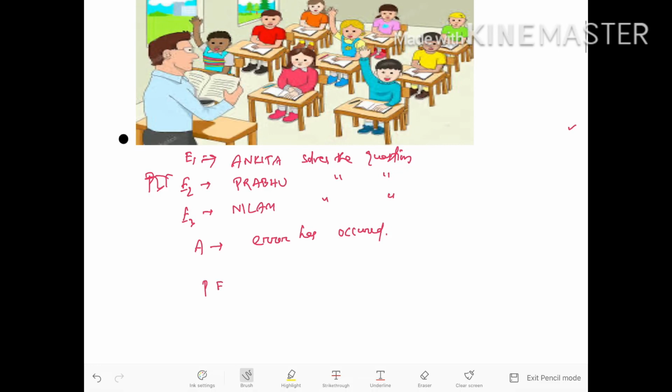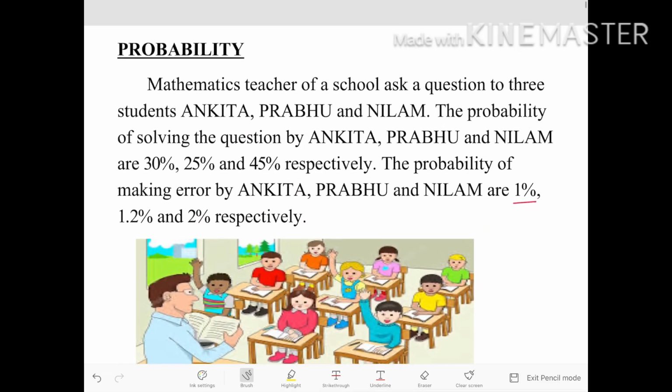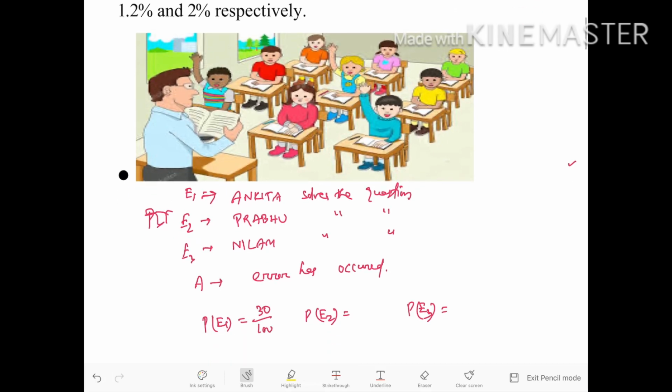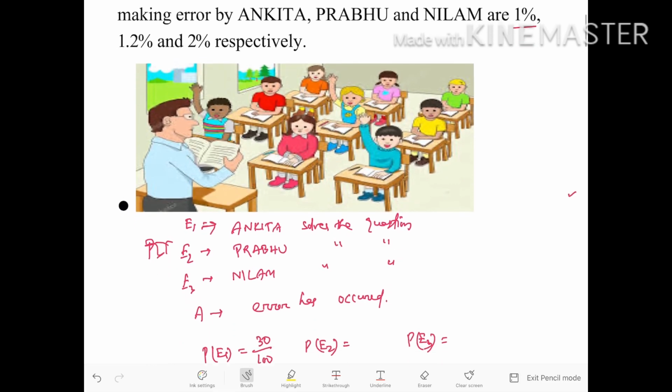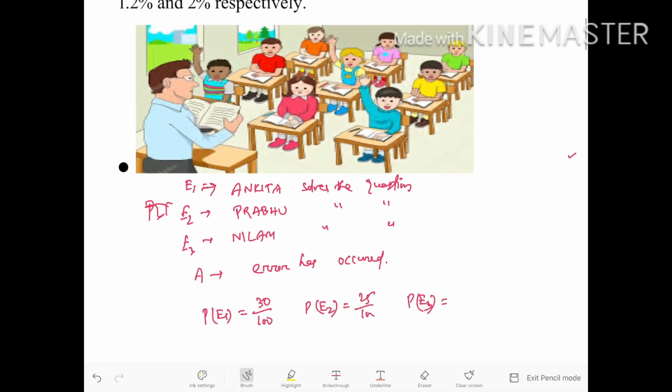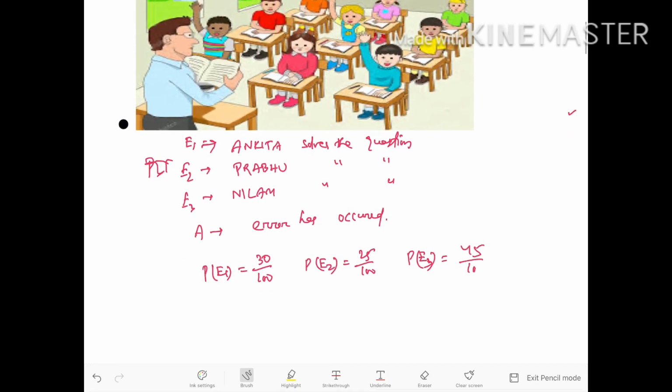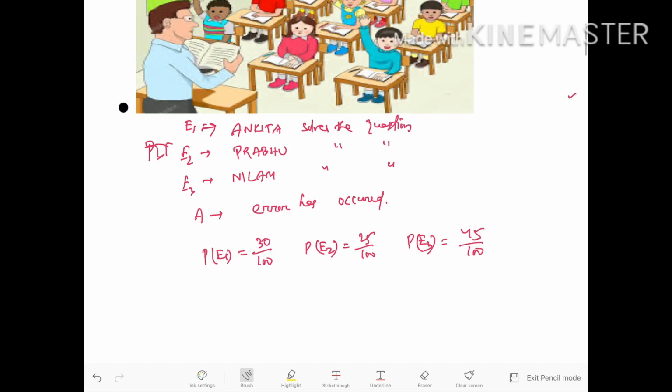Here, from the question we can find the probability of E1, probability of E2 and probability of E3. It is given that the probability of Ankita solving the question is 30%, meaning 30 by 100. The probability of Prabhu solving the question is 25%, meaning 25 by 100. The probability of Neelam solving the question is 45%, meaning 45 by 100. Now, the probability of A conditioned on E1, on E2 and on E3, we have to find out.